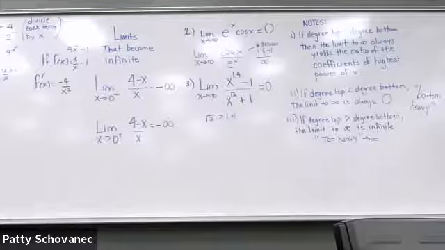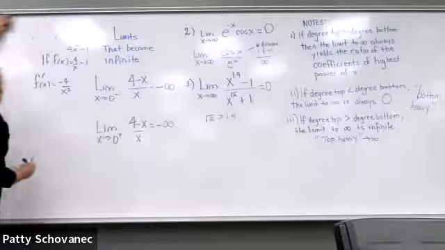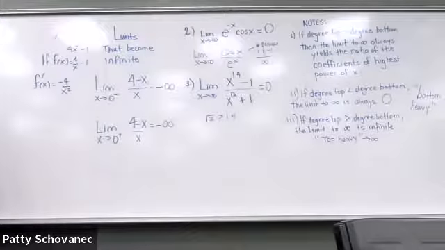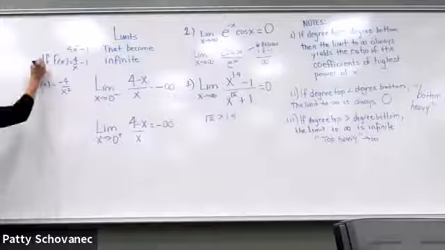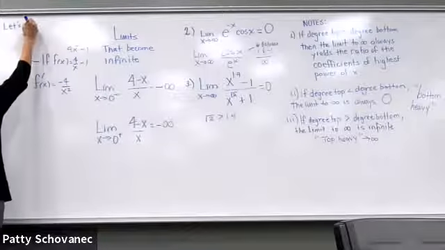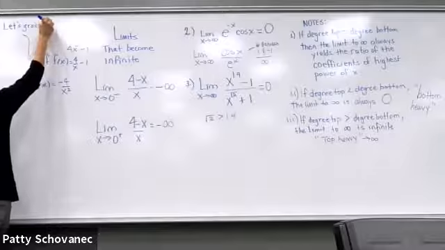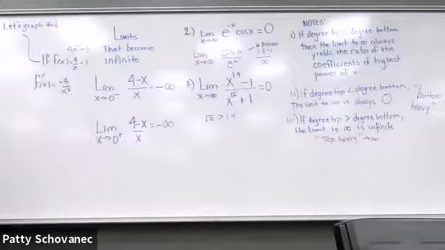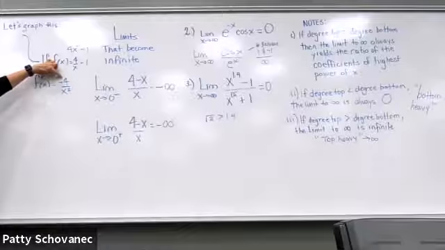Now I want to put our knowledge of horizontal and vertical asymptotes together to sketch graphs. Let's start with this function. Let's graph this. So the first thing to note is that when I take the derivative, I don't get any critical numbers.